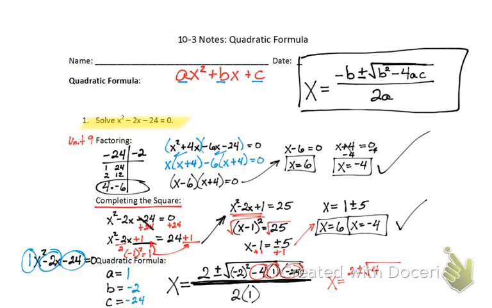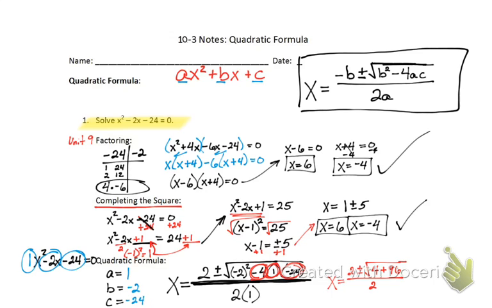Negative 4 times 1 is negative 4, times negative 24 is positive 96. So I have 4 plus 96 underneath the radical, all over 2 times 1, which is 2.